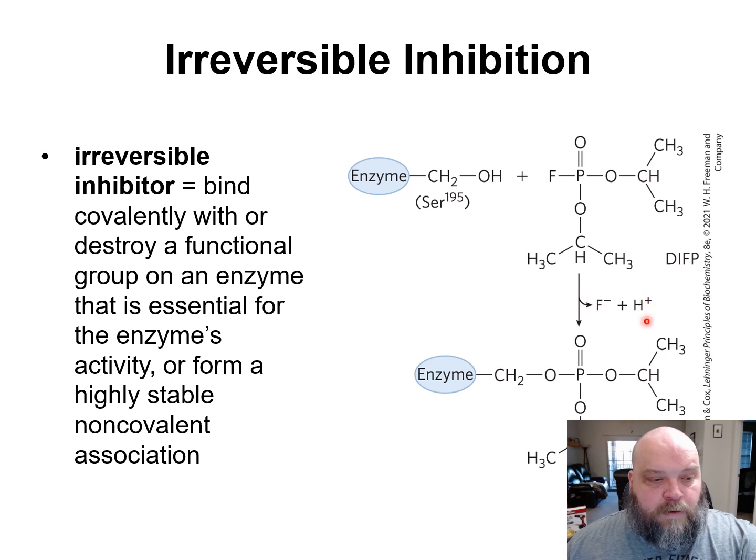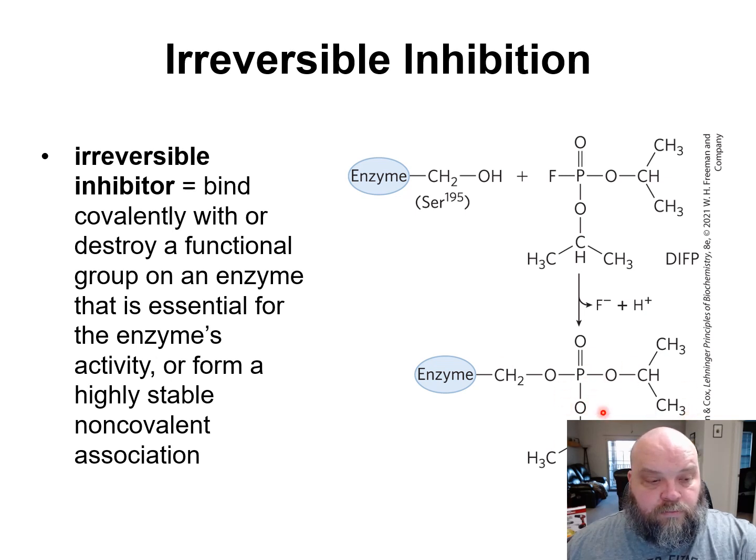The fluorine is going to be released, and now you have a phosphate group that's going to interact, because this hydrogen here on this hydroxyl is also getting kicked out with the fluorine. And now you have an enzyme where serine 195 has irreversibly had DIP covalently bonded to it.